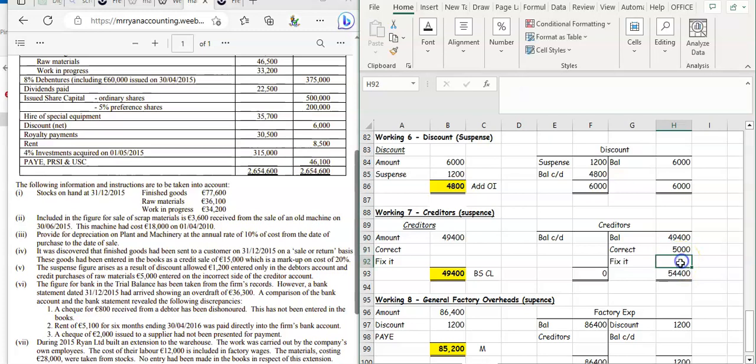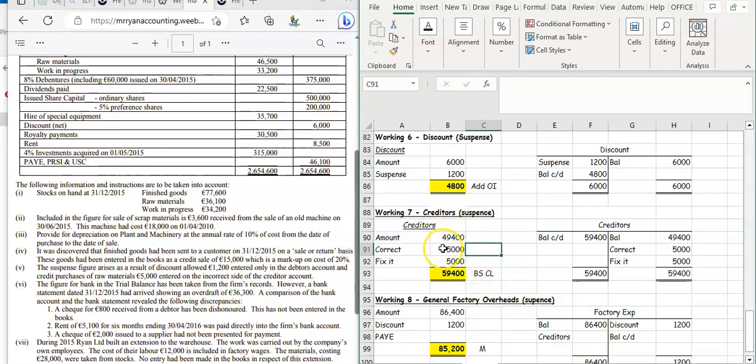So we need to add another 5,000 on to make sure that the 5,000 is now accounted for on the correct side. So that means we have a balance of 59,400, and that's the figure that goes into your balance sheet as a current liability.